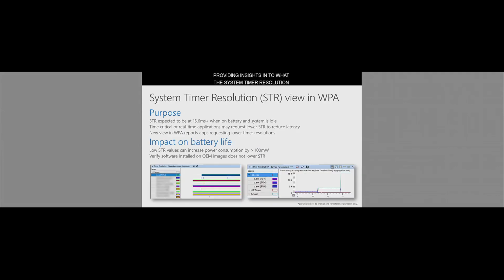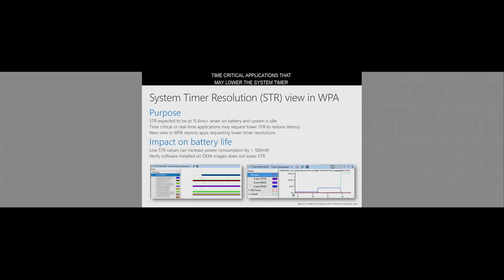System timer resolution is expected to be at 15.6 milliseconds or higher when the device is on battery and the system is idle. Of course, there are scenarios like real-time communications or any time-critical applications that may lower the system timer resolution. That'll help reduce latency, but it all comes at a cost.